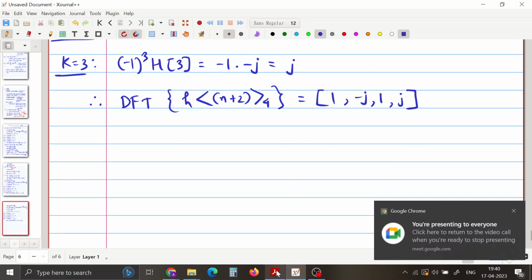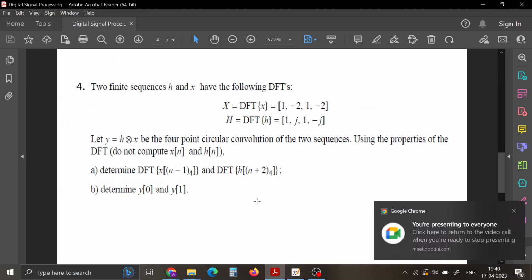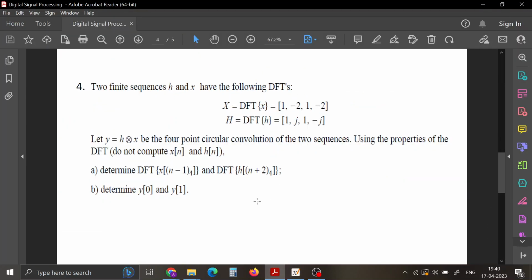Okay, so part A is done. Now coming to part B, we need to determine small y of 0 and small y of 1. So basically small y is the 4-point circular convolution of small h and small x. So we need to evaluate that 4-point circular convolution at 0 and 1. That's it.